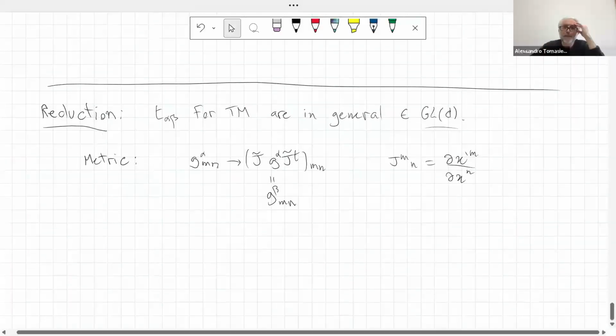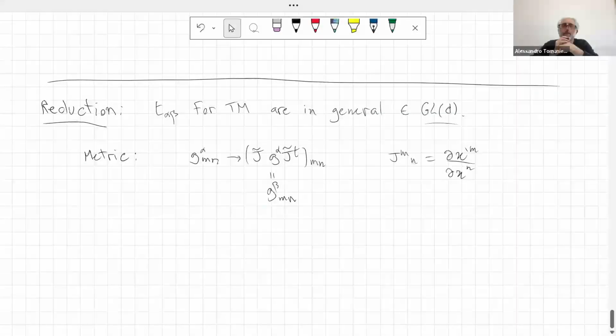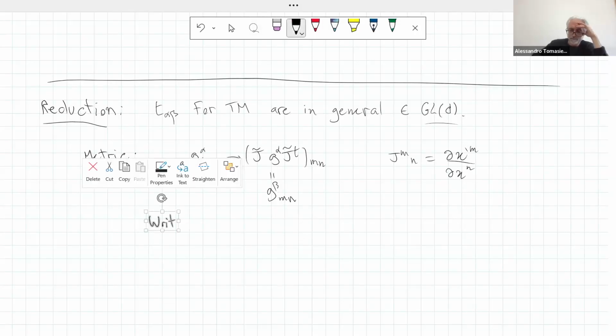But now consider, for example, an orthonormal basis.